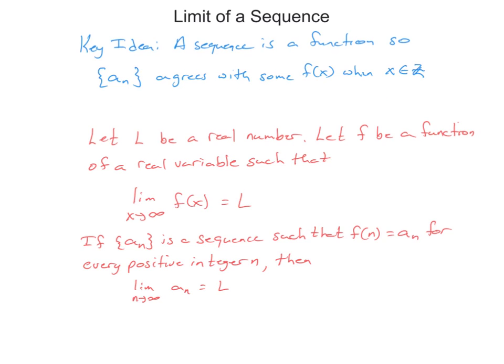Now we're going to let L be a number, and we're going to let f be a function of a real variable, i.e. a function of x, such that the limit as x approaches infinity of f of x equals L. Now what this is saying is, if a sub n is a sequence such that f of n equals a sub n, in other words, a sub n and f of x agree when we're looking at integer values for x, for every positive integer n, then the limit as n approaches infinity of a sub n is also equal to L. So in a nutshell, they're going to ask you to find the limit of a sequence.